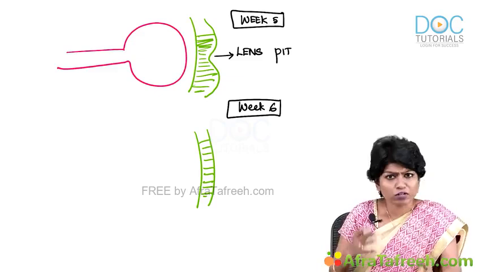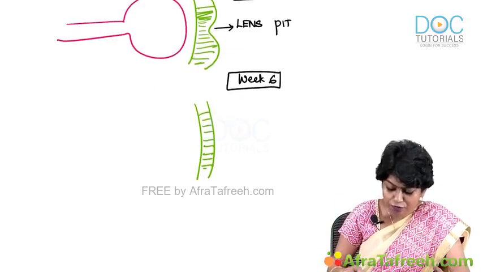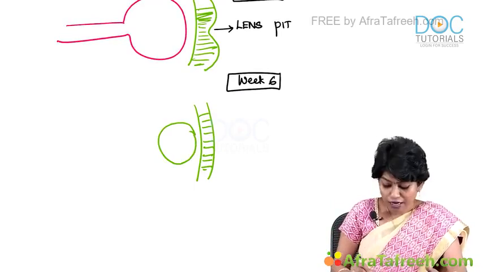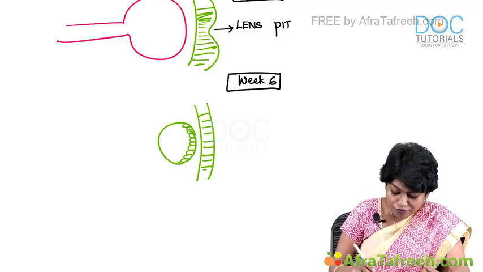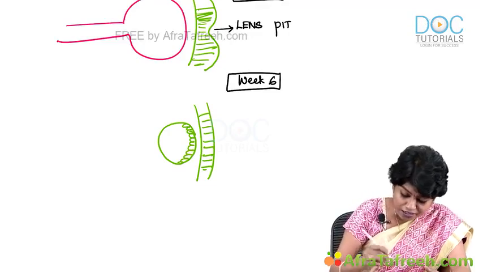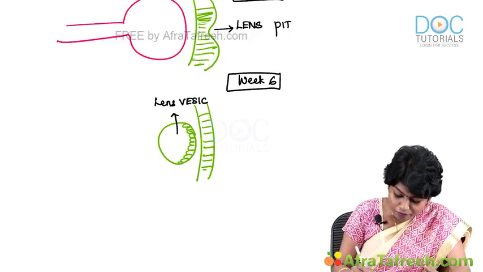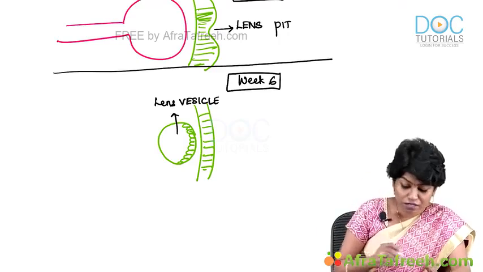Now too much autonomy, you know, there are so many cells there. So it thinks, I can separate myself from the surface. So now I have a fluid filled lens vesicle, okay. So week 6 it has separated from the surface ectoderm.